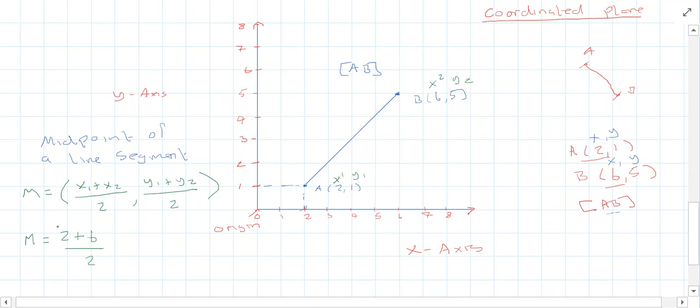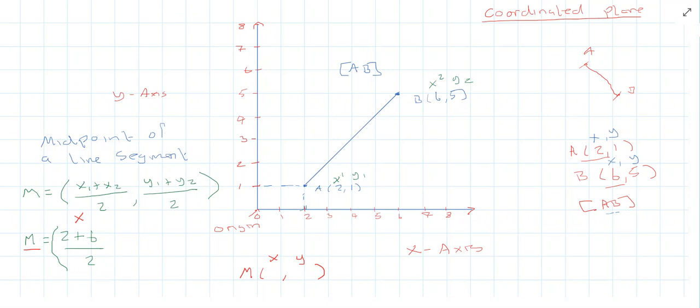We're trying to work out the midpoint, and the midpoint has an x value and a y value. So imagine this is our midpoint. This part here gives us the x coordinate for the midpoint.